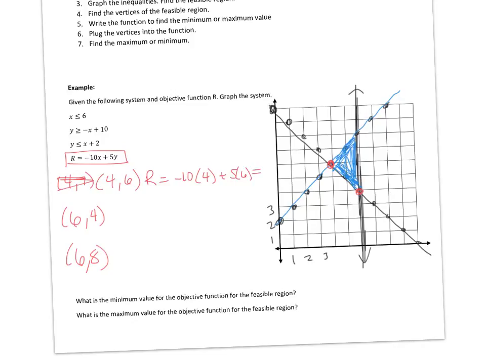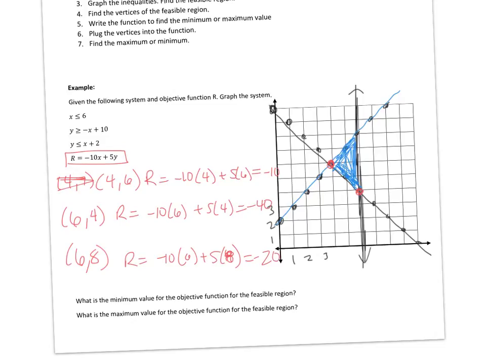And so this is negative 40 plus 30. That's going to give me negative 10. This is negative 60 plus 20, so that's negative 40. And negative 60 plus 40, that gives me negative 20.